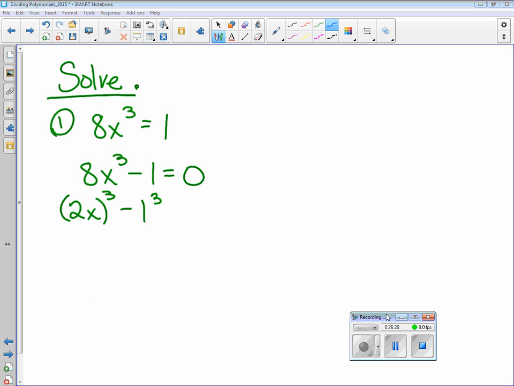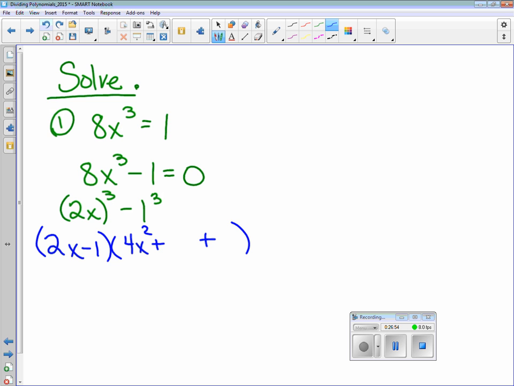The first factor is just 2x minus 1. The second factor is A squared, or 2x all squared. What's 2 squared? 4x squared. Don't forget that's a 4 now. Now my signs are all plus here. This is the difference of cubes.